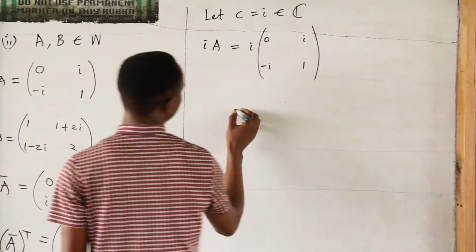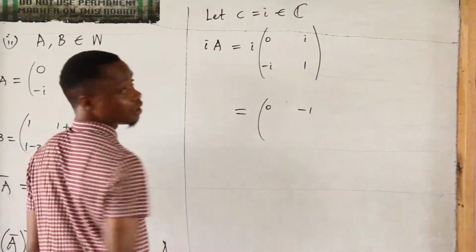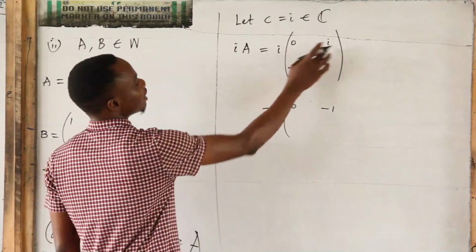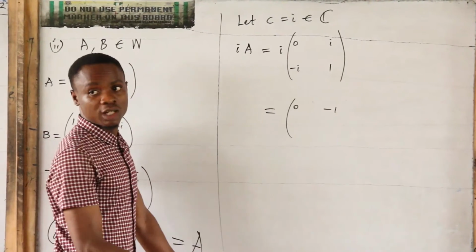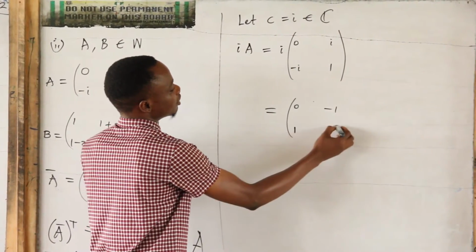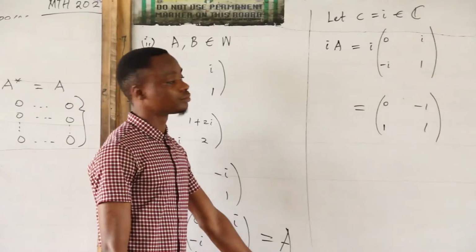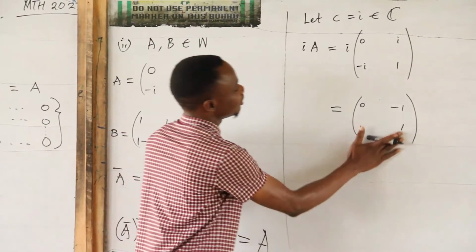When you multiply this by i, this will be 0, minus 1 for i times minus i, and i times i is minus 1, and then you have this to be i. Clear?